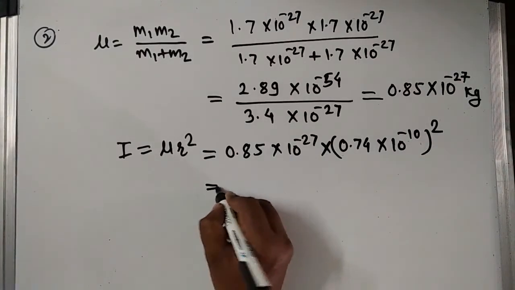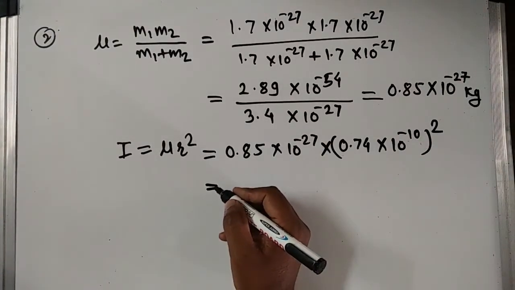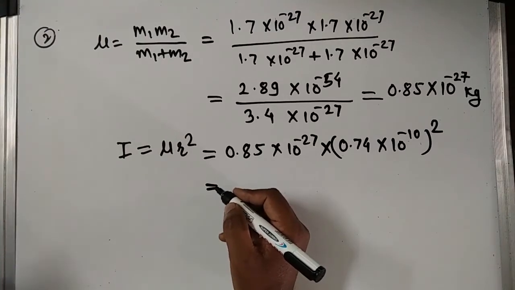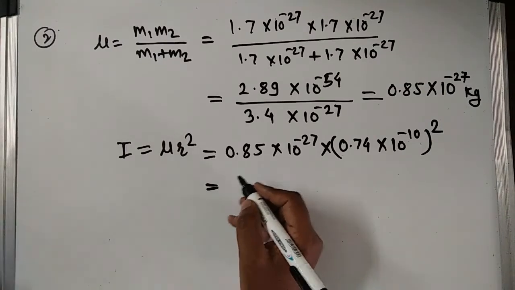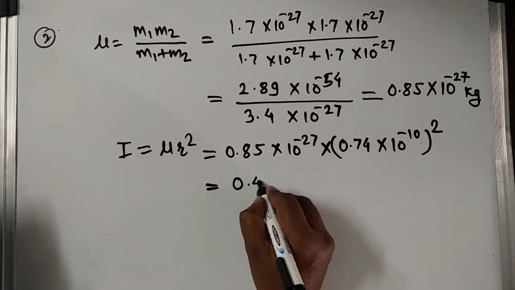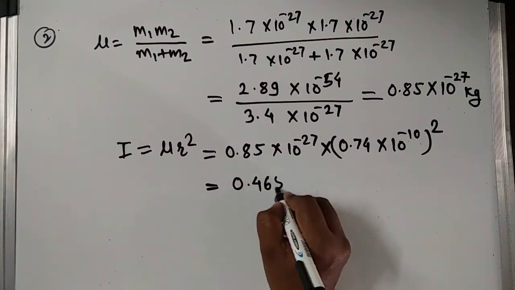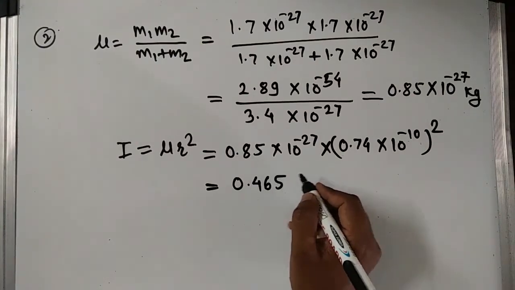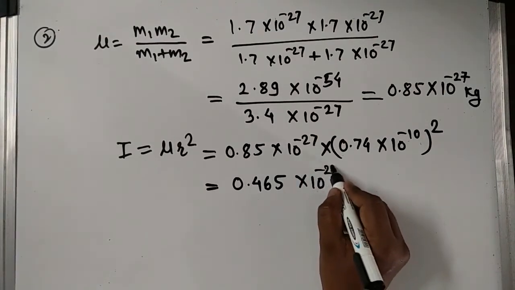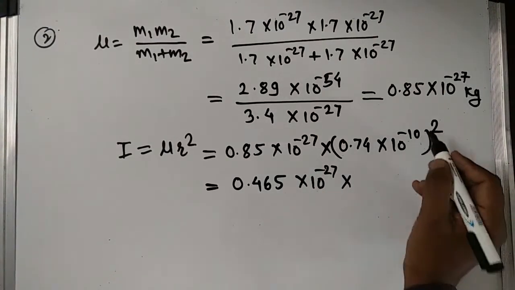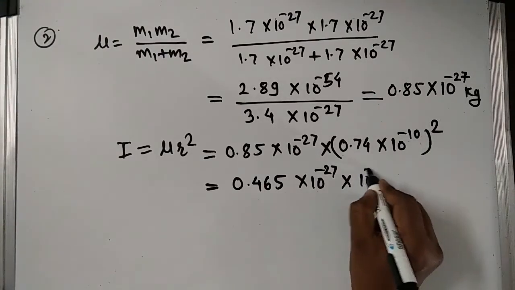So if we calculate this value, 0.85 multiplied by 0.74 into 0.74 comes out to be 0.465, into 10 raised to minus 27 into 10 raised to minus 20.